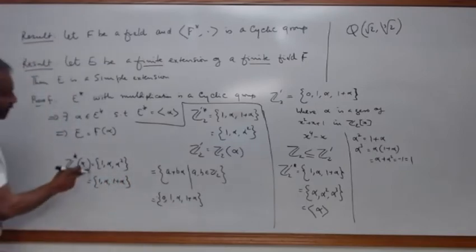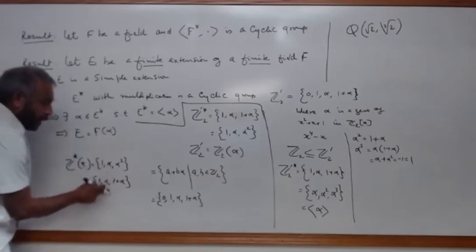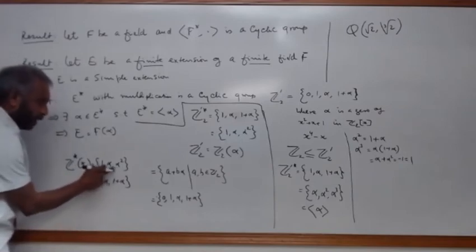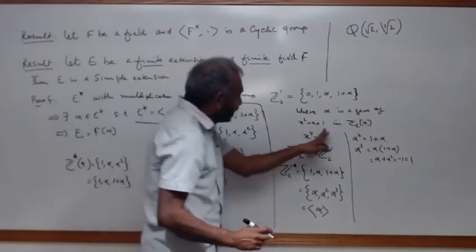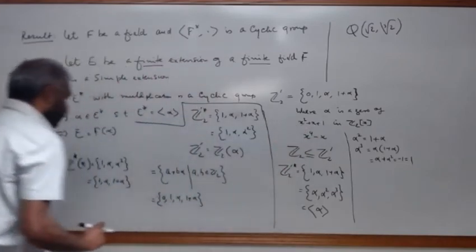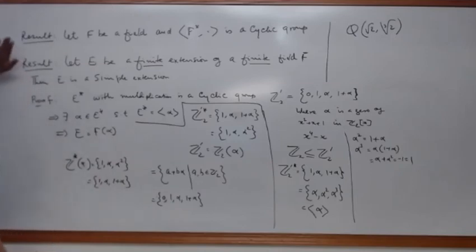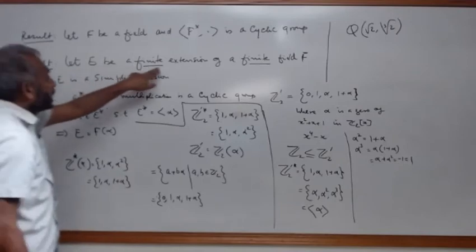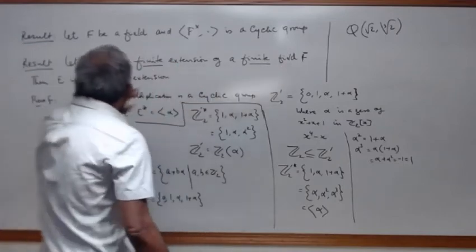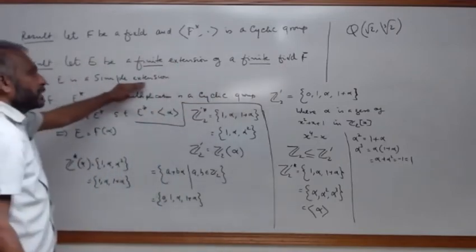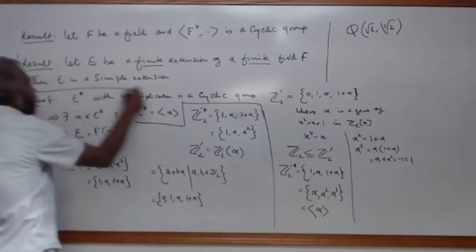So don't get confused. These two are same because of this relation. So both are same. So the result is, if E be a finite extension of a finite field, then E is a simple extension. That is the result which we are going to use.